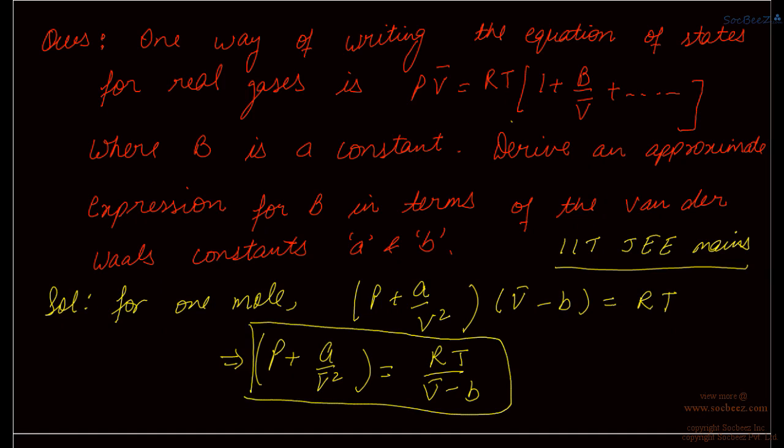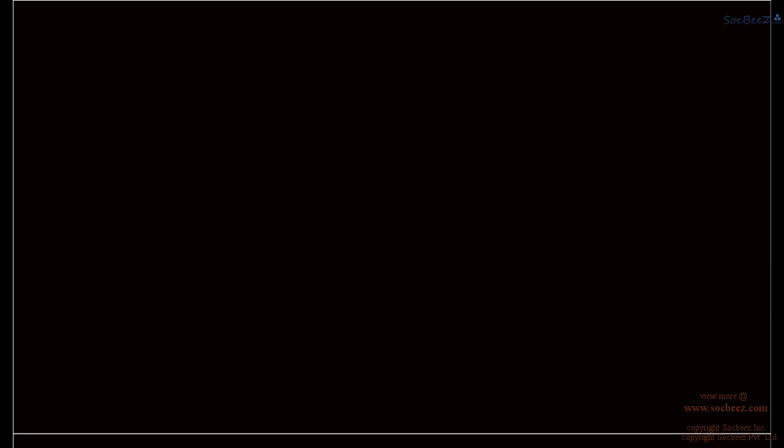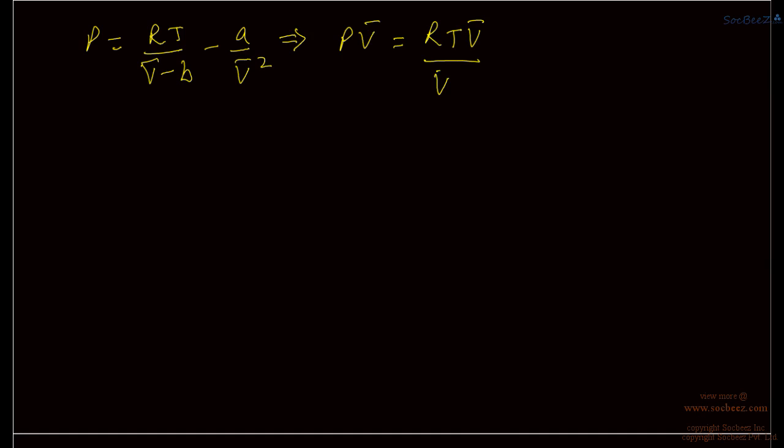So this is the van der Waals equation rearranged. Okay, so we can write that equation as P equals RT upon V bar minus b, minus a upon V bar square. This gives us P V bar equals RT V bar upon V bar minus b, minus a upon V bar. We have done nothing, we have just multiplied both sides by V bar.